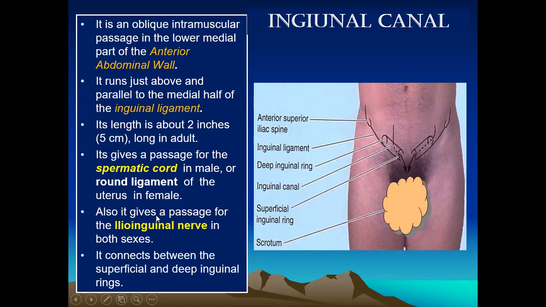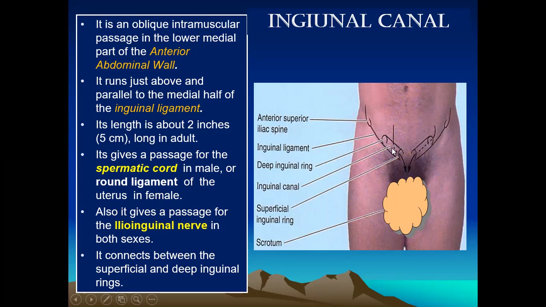Okay, as well as some groups of lymph nodes like the superficial and deep inguinal lymph nodes, as well as some lymphatics passing through. It connects between the superficial and deep inguinal ring. So this canal is a very important canal which connects the superficial, which we already saw, and here will be the deep inguinal ring, which opens inside the abdomen and gives passage for abdominal contents to enter into the deep inguinal ring, pass through this canal, and come out through the superficial inguinal ring.